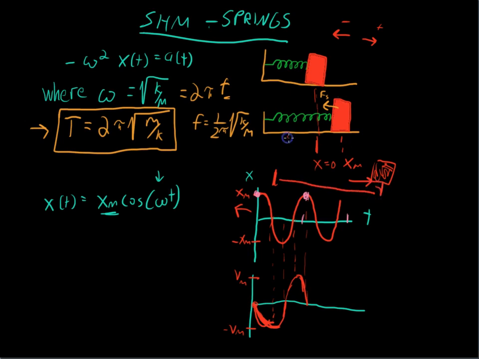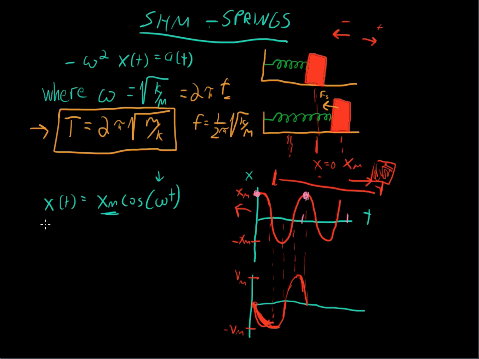Up here, it's only oscillating between these 2 points. So it's not traveling nearly as far. The reason why it's able to oscillate at the same frequency in both cases is because of that speed difference. This one's going to be moving a lot faster by the time that it gets to the center. So it's going to be covering this larger distance in the same amount of time.